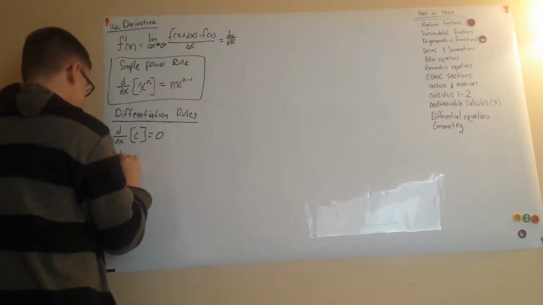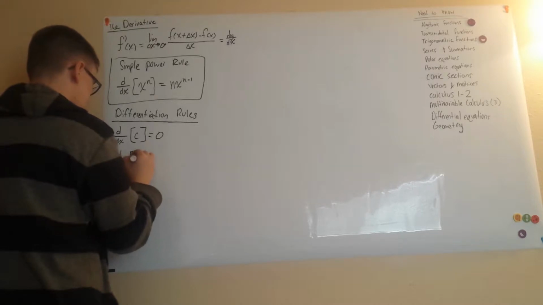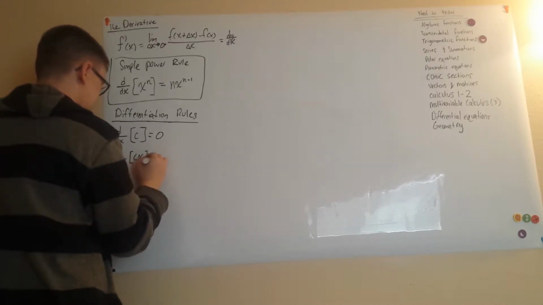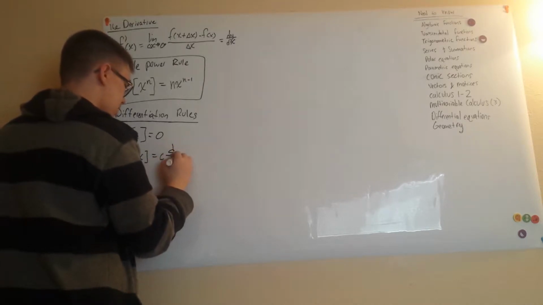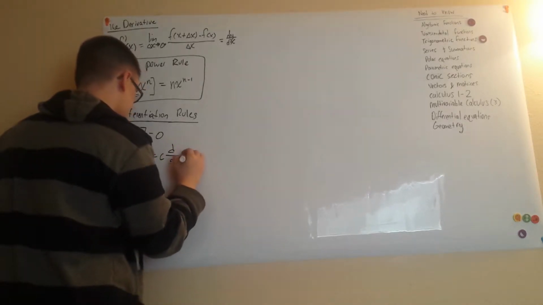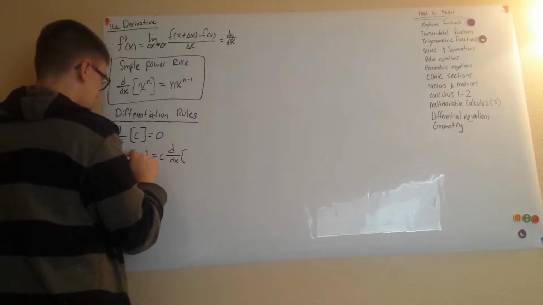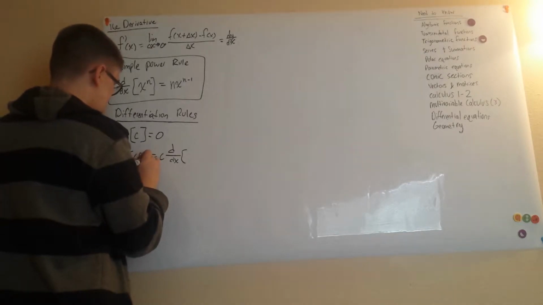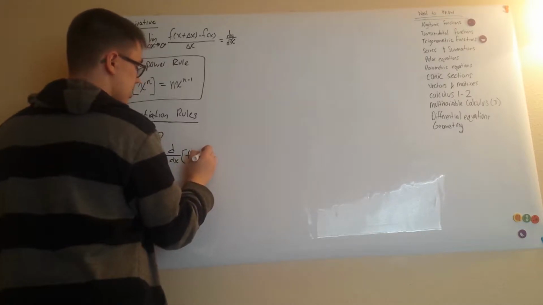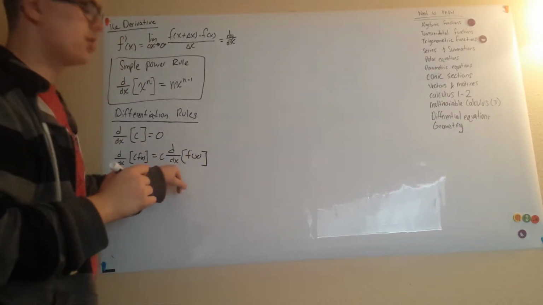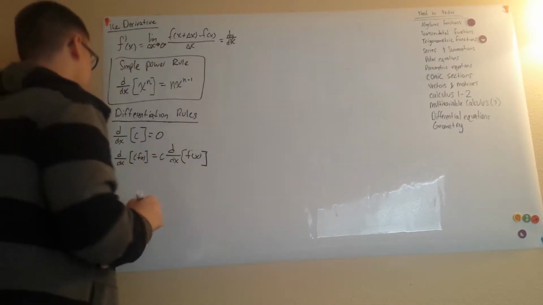If I take a derivative of a constant times f of x, we can take out that constant and replace it with just c times the derivative of f of x.